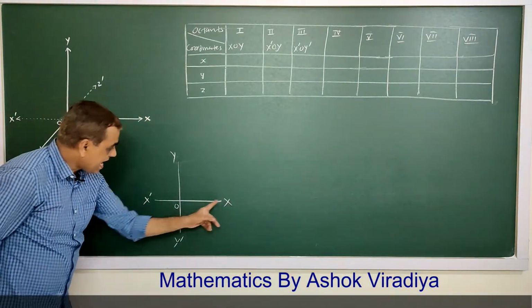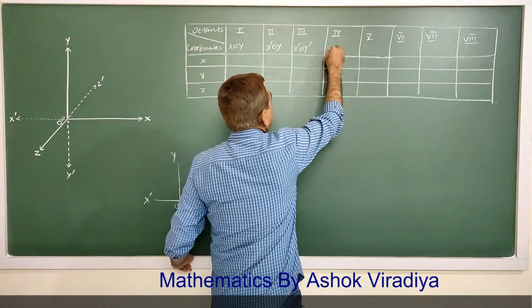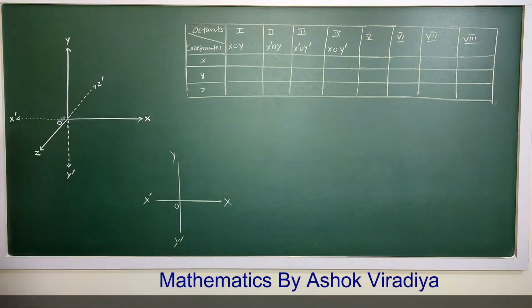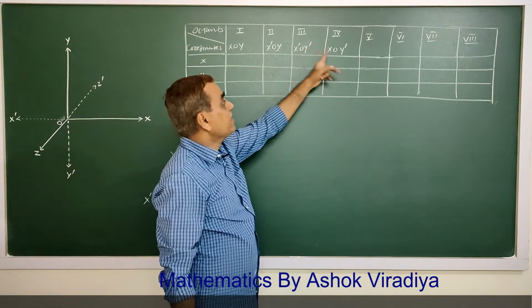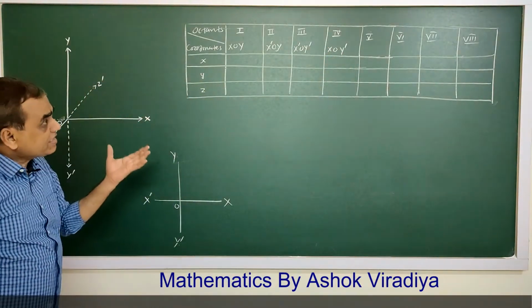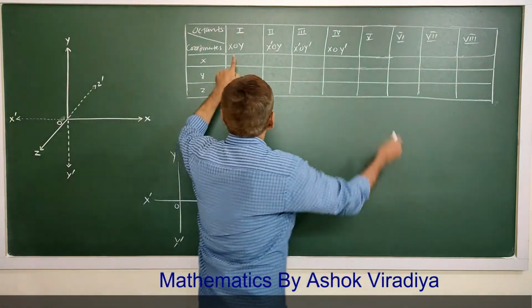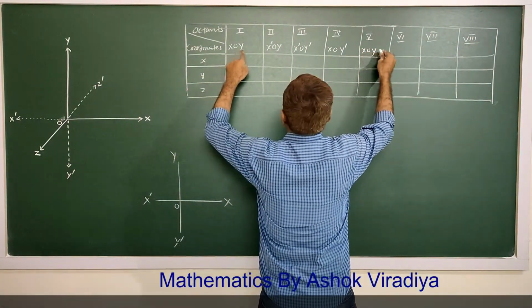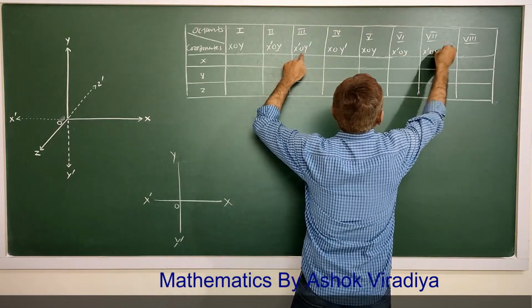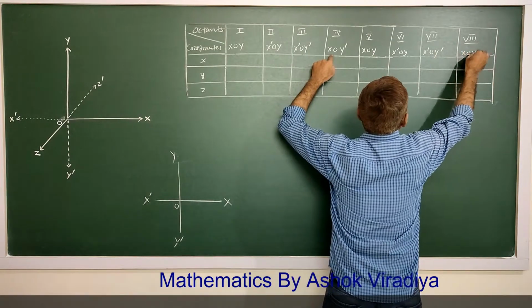Fourth quadrant is x o y dash. So you can remember these four quadrants by these symbols. Dash means negative. Here x and y coordinates are negative, here the y coordinate is negative. Now I am repeating this once again: x o y, x dash o y, x dash o y dash, x o y dash.